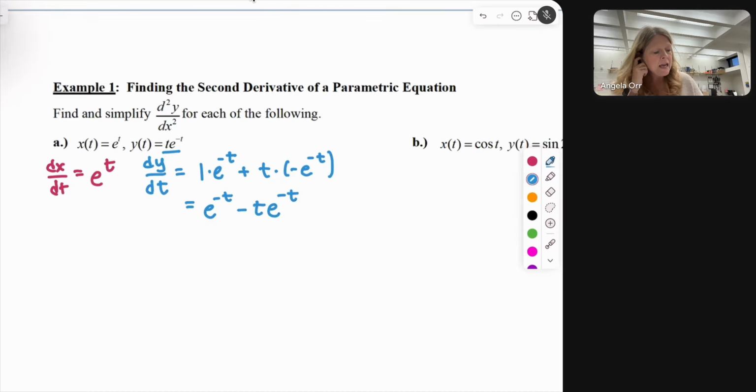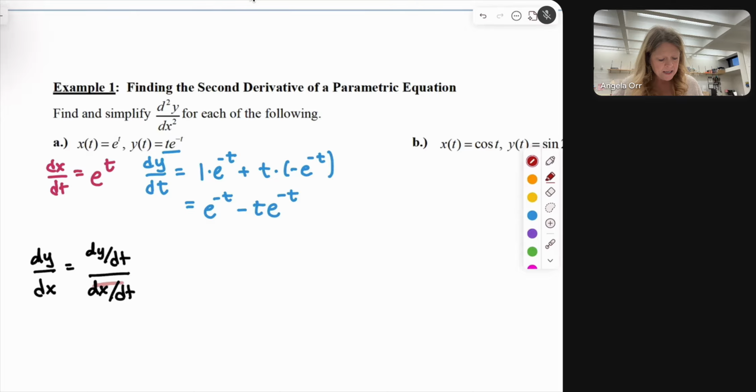Okay, so now, if I am looking for the first derivative, dy/dx, that is the derivative of y with respect to time, divided by the derivative of x with respect to time. So I am going to take our dx/dt, which is in red, and our dy/dt, which is in blue, and take the dy/dt divided by the dx/dt.